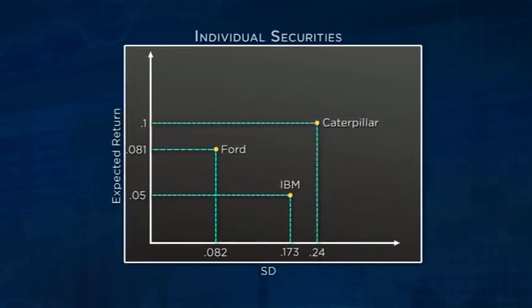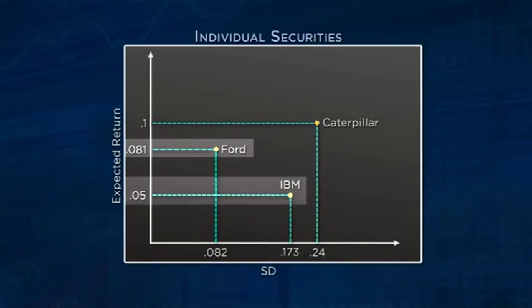Every time an extra 1% weight is taken away from the higher expected return on Ford and reallocated to the lower expected return on IBM, the expected return on the portfolio falls. It falls by 0.01 times the difference between the expected returns on Ford and IBM. In this example, the difference is 3.1%.